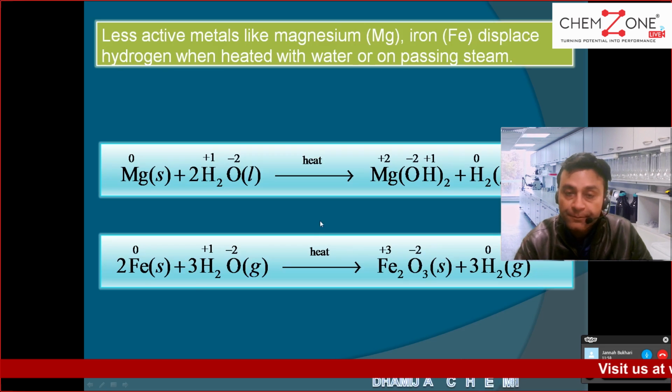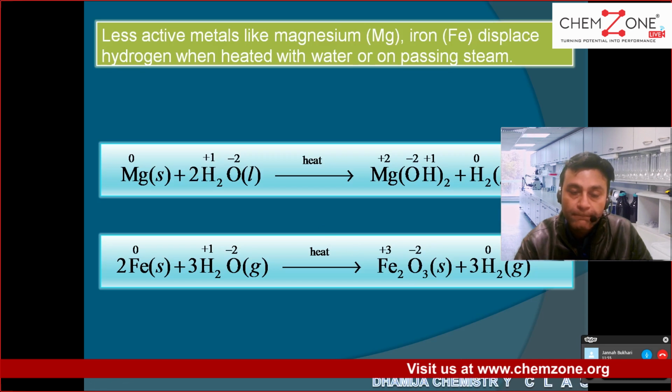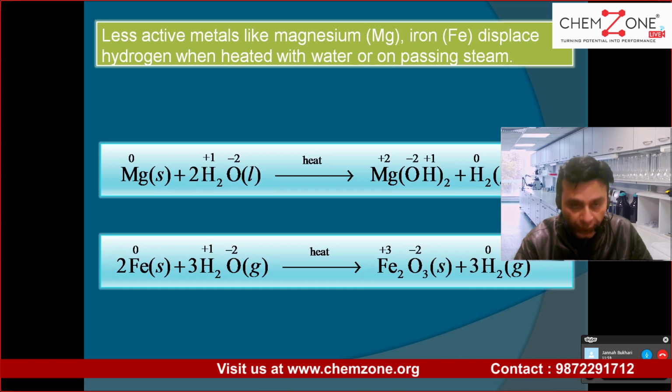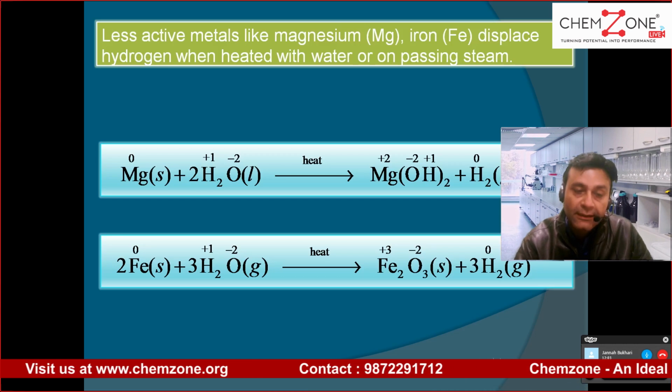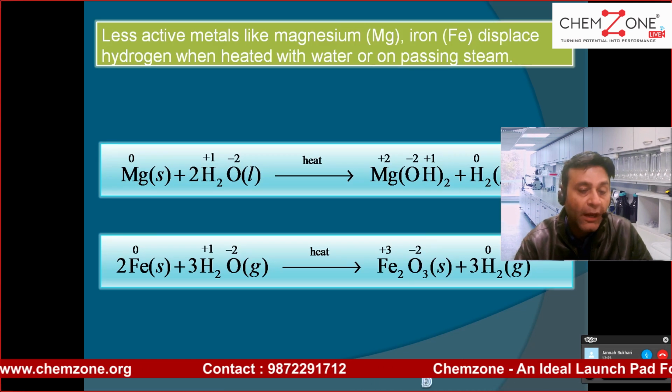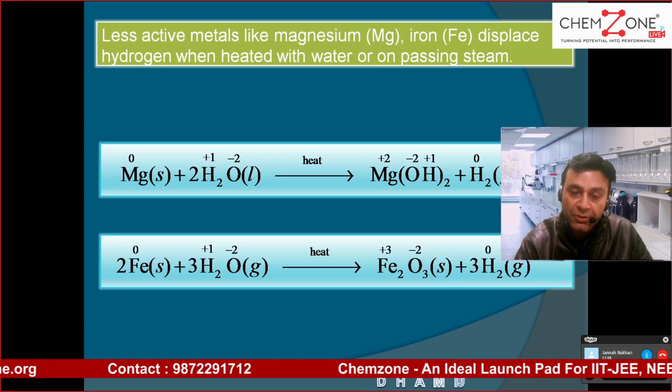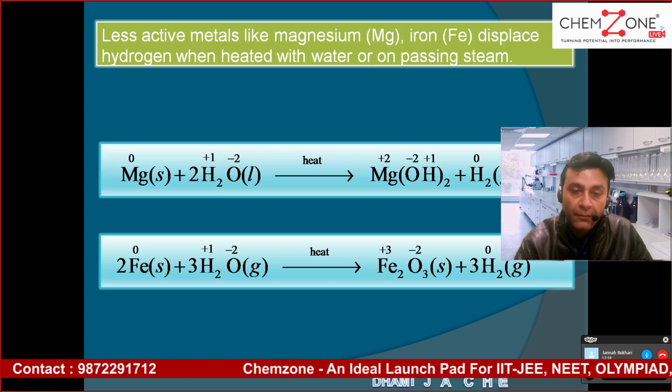I hope it's clear. So magnesium is the reducing agent. In the second case, iron is acting like a reducing agent.